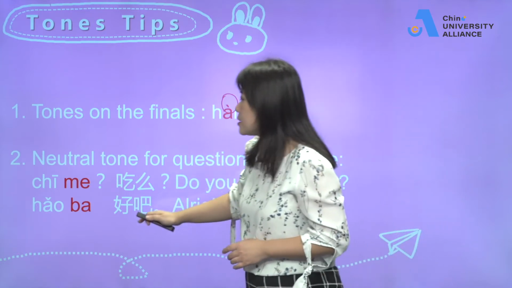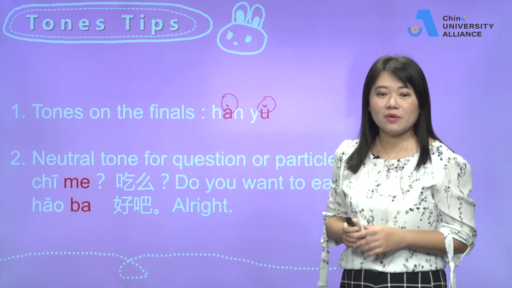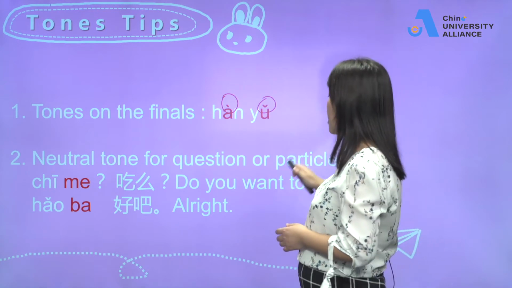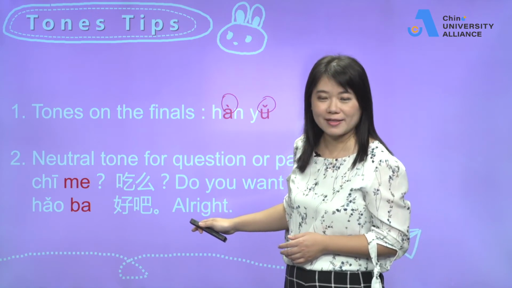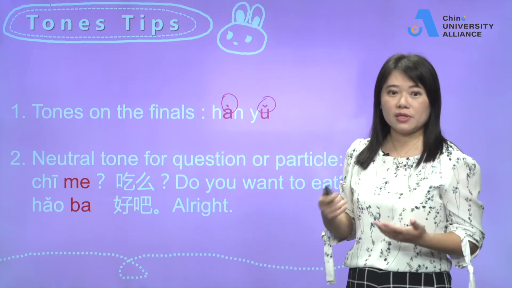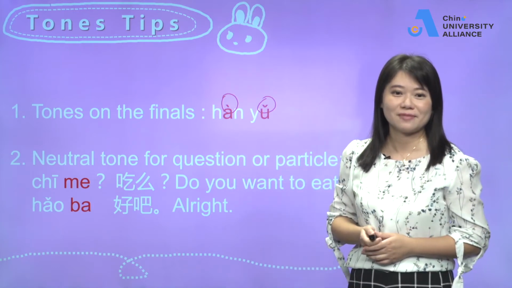And another sentence, 好吧. We can see it's a very light tone as well. It's another neutral tone. It is a particle in this sentence. In English, it means all right, okay. When you try to learn more Pinyin, you can find that there are many neutral tones in the conversation.